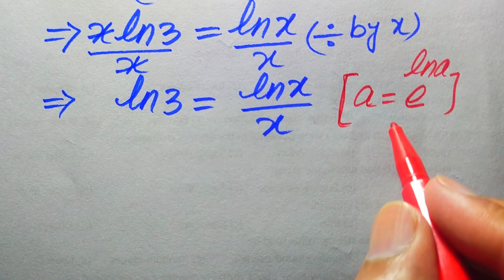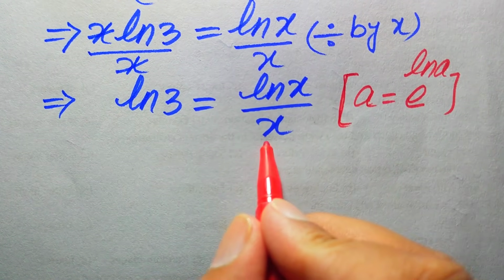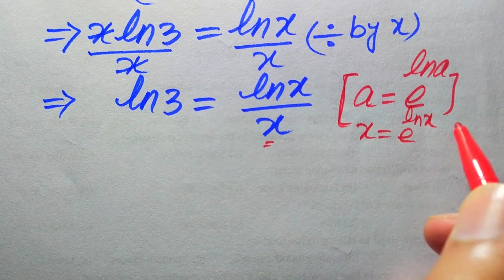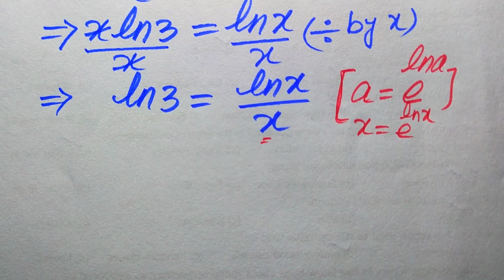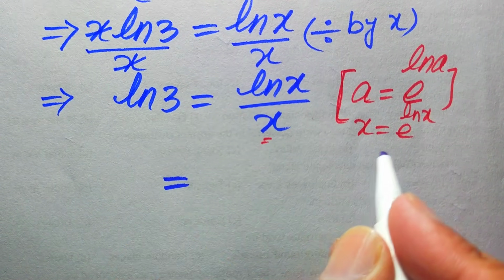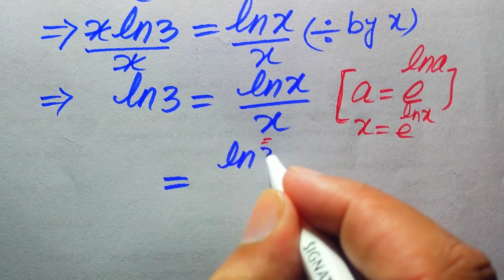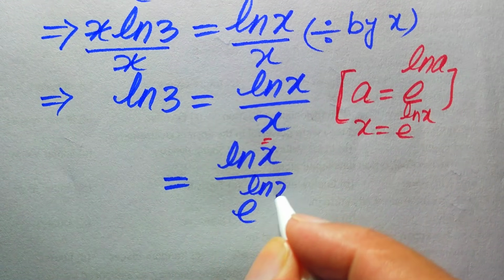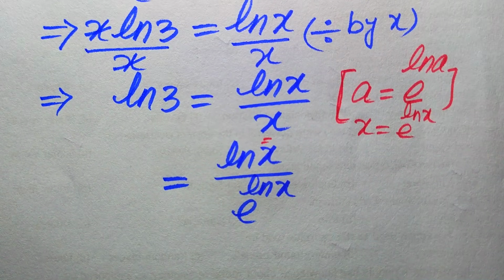According to this property, we write this x as e to the power of log x, and it becomes log x divided by e to the power of log x.